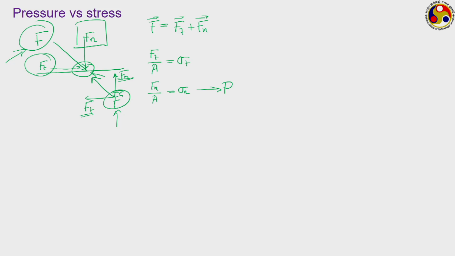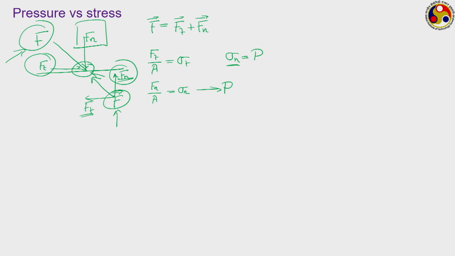However, here we are not talking about the internal component, rather we are talking about the external part. So, purely magnitude-wise, the normal stress and pressure will be equal to each other. However, normal stress sigma n refers to the normal component of the internally generated force, whereas P refers to the normal component of the externally imposed force.